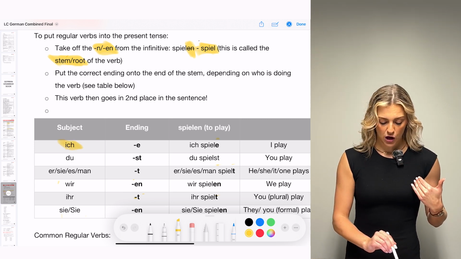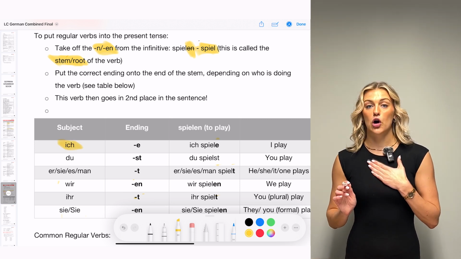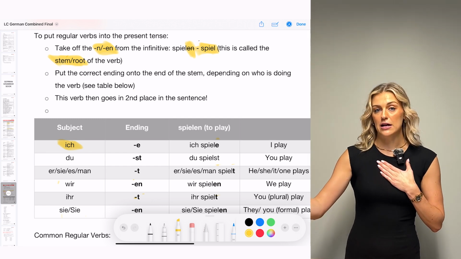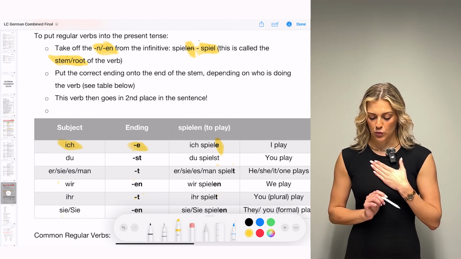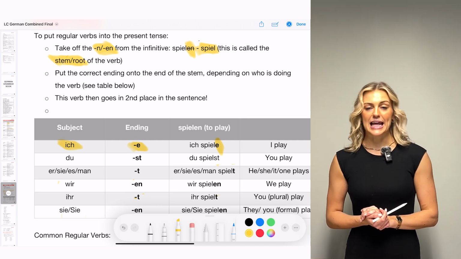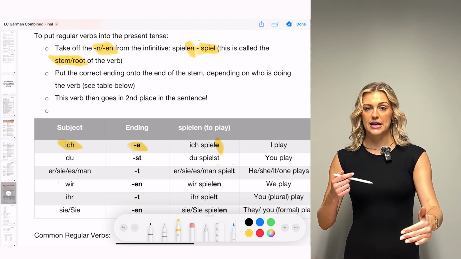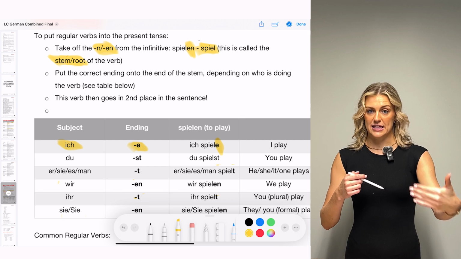So if I am doing the verb, ich, okay, if I want to say I play or I am playing, I will add on e to the end of my stem, to the end of the verb. Ich spiele, I play. And that creates my present tense form for ich, all right?